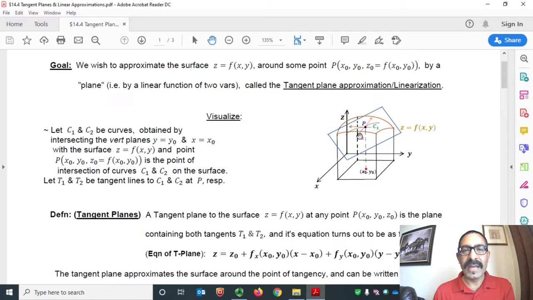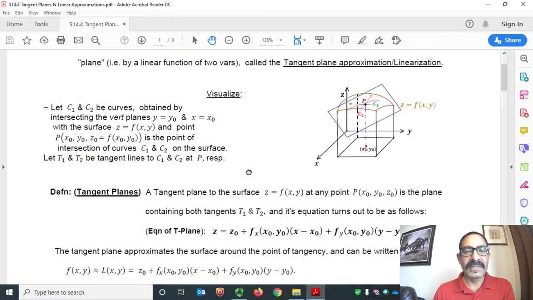Then these two curves have tangent vectors. Let's say T1 is a tangent to C1 and T2 is a tangent to C2. Then we have a plane containing T1 and T2. That plane is this blue color plane here, and this plane is called the tangent plane.